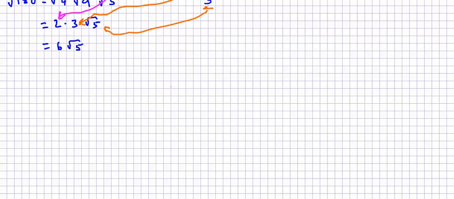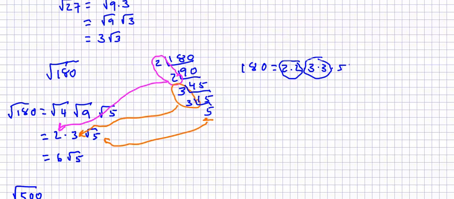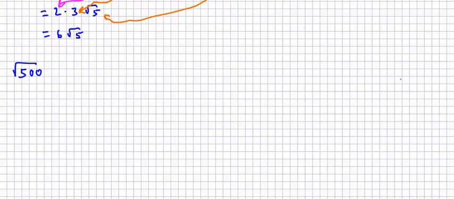All right, let's look at another one. Square root of 500. Now here, we did what's called a prime factorization. We broke 180 up into prime factors. But if you look at the number and you recognize the largest perfect square, because it ends in 2 zeros, we know that the largest perfect square is 100.